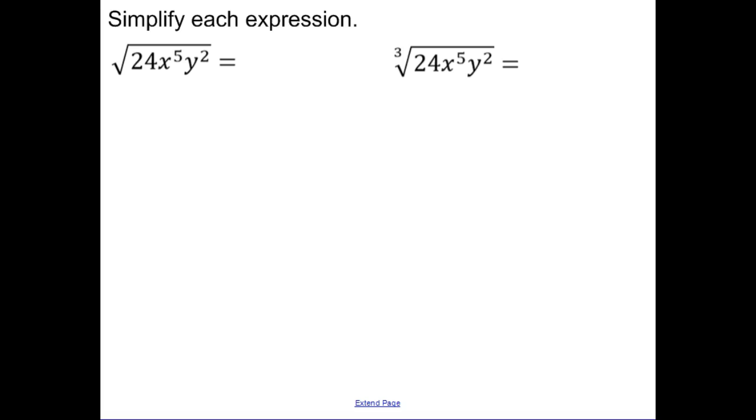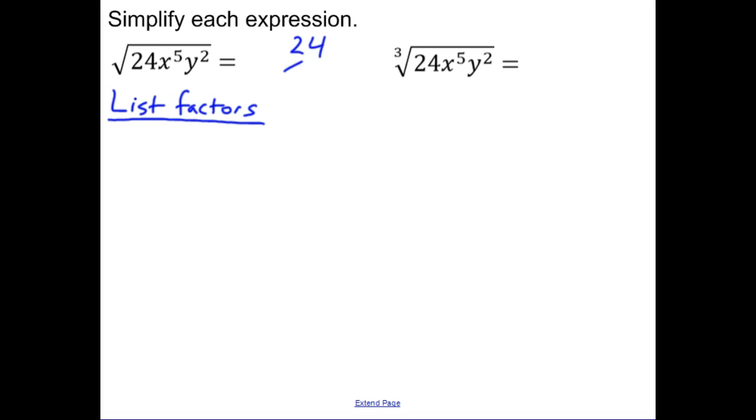So I'm going to solve this via the method of listing factors. This is the method I'm going to use. In order to do this, I need to know what the factors of 24x to the fifth y squared are. In particular, I'm looking for the number 24.